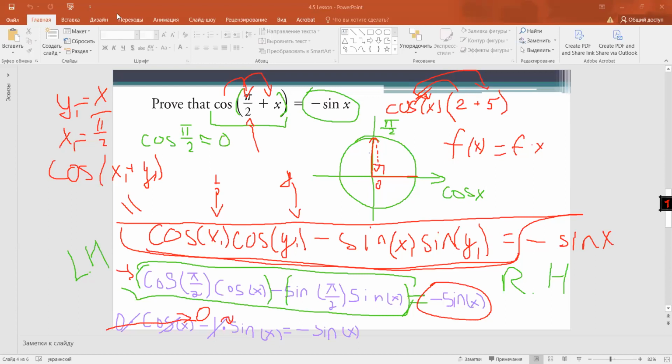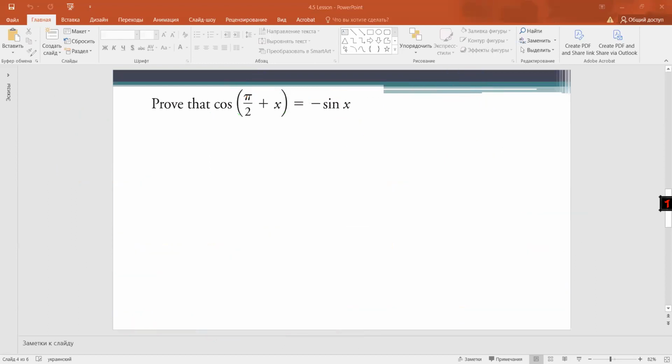Guys, I believe I gave you enough time. I'm just going to clear the board and move on to the next one. Here it's two identities for the sum and difference of two angles, the addition and subtraction identities.